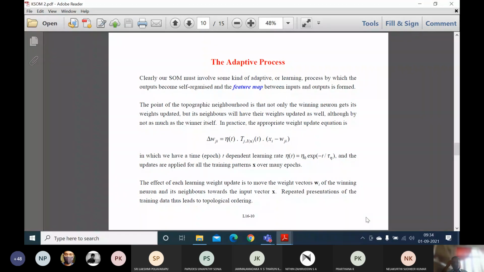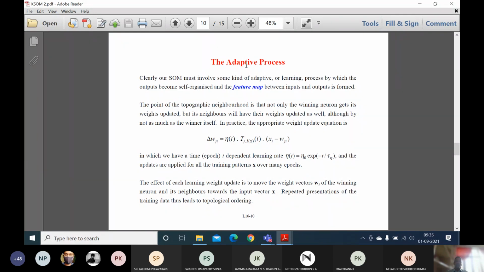And the next one is the adaptive process. Our SOM must involve some kind of adaptive or learning process by which the outputs become self-organized and feature maps between the inputs and the outputs are formed.